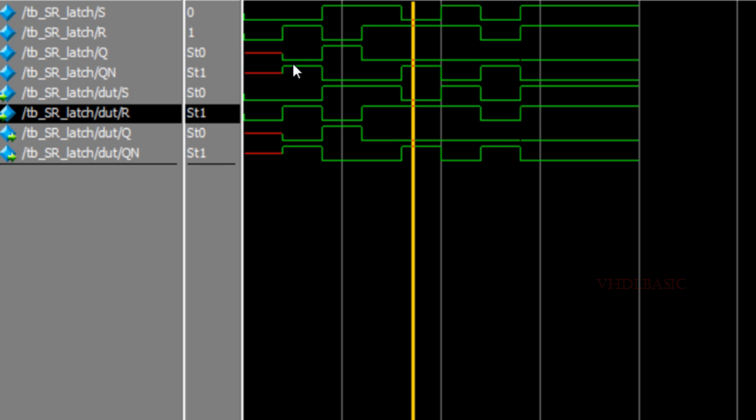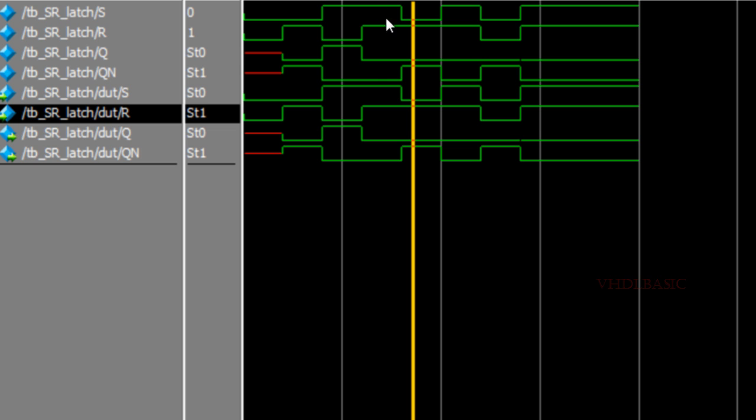So if you see, Q will become 0, Q bar will become 1. Now I am changing R to 0, S to 1, which means set is enabled. So the latch will go to the set state, which is Q equal to 1 and Q bar equal to 0.